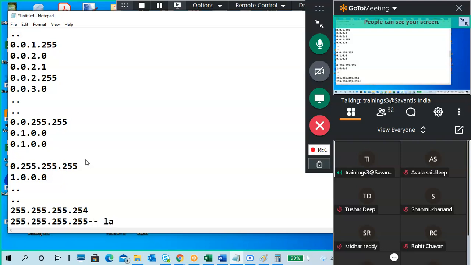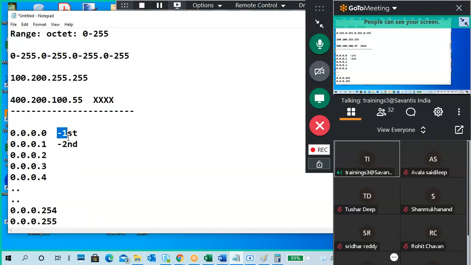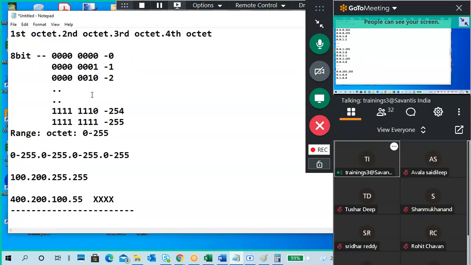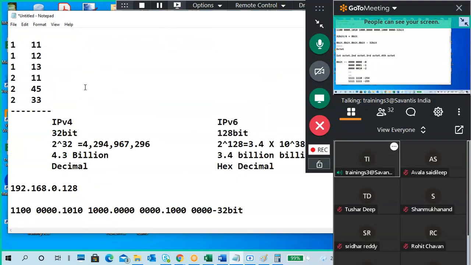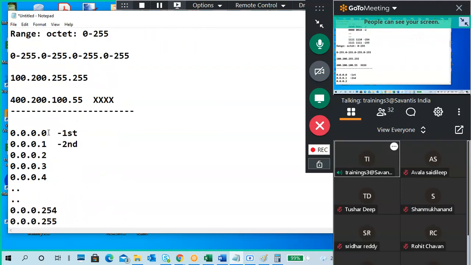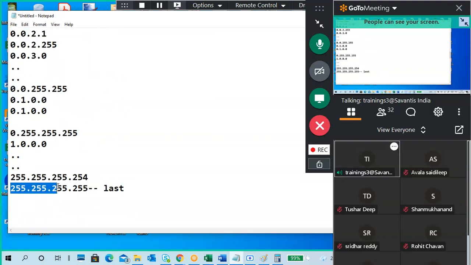This is the last IP address, and this is the first IP address. Whether we use them or not is a different matter. In total, 4.3 billion IP addresses we are writing here, starting with 0.0.0.0 and ending with 255.255.255.255.